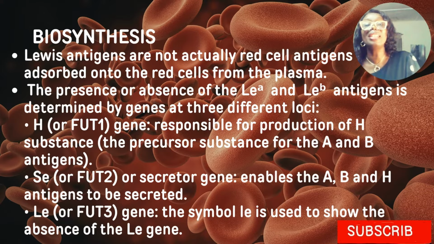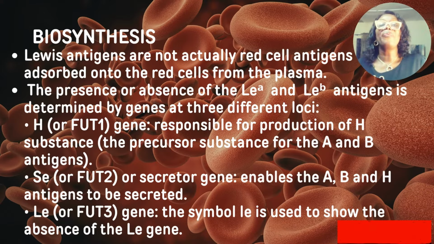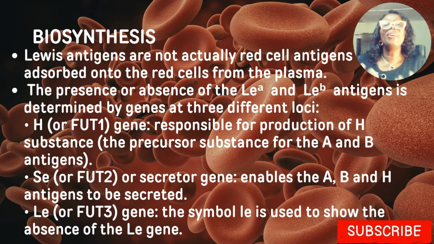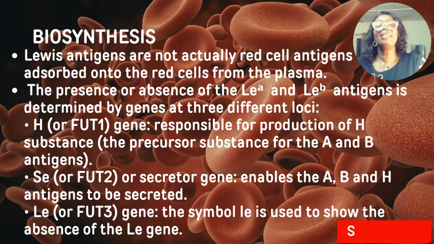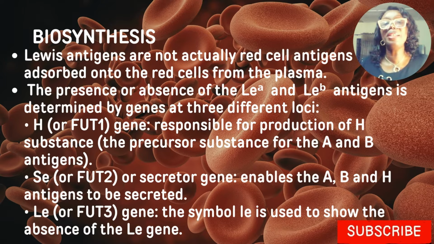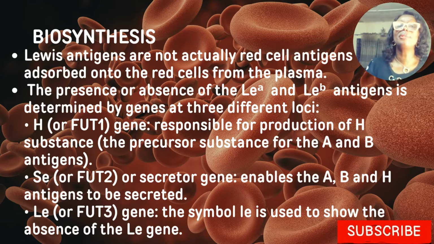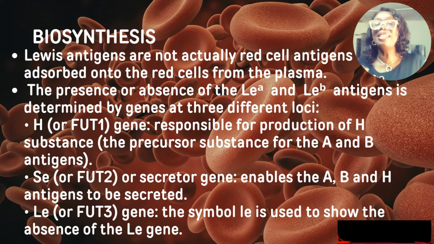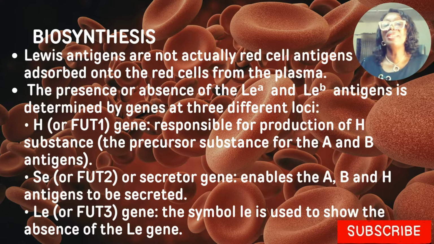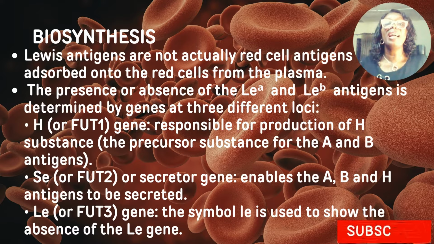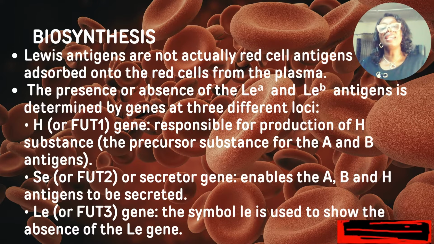This second gene, denoted by SE, has the ability to make the individual produce the A or B or H substance in their secretions, like the saliva and other fluids in the body, except the CNS, of course. And then we have the third gene, the Lewis gene proper, the FUT3 gene. This gene is the symbol of the Lewis antigen, and it is given as LE.